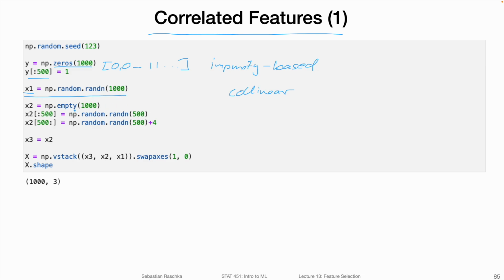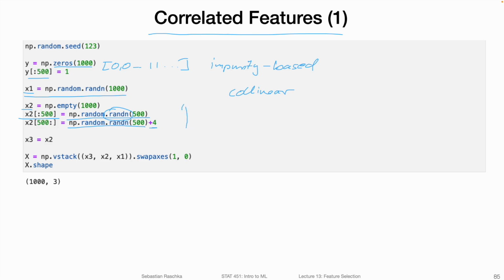Then I'm creating a second feature where I draw, again, 500 data points from a random normal distribution and assign them to the first 500 values. Then I'm again drawing 500 values from a random normal distribution, but now I'm adding the number 4.